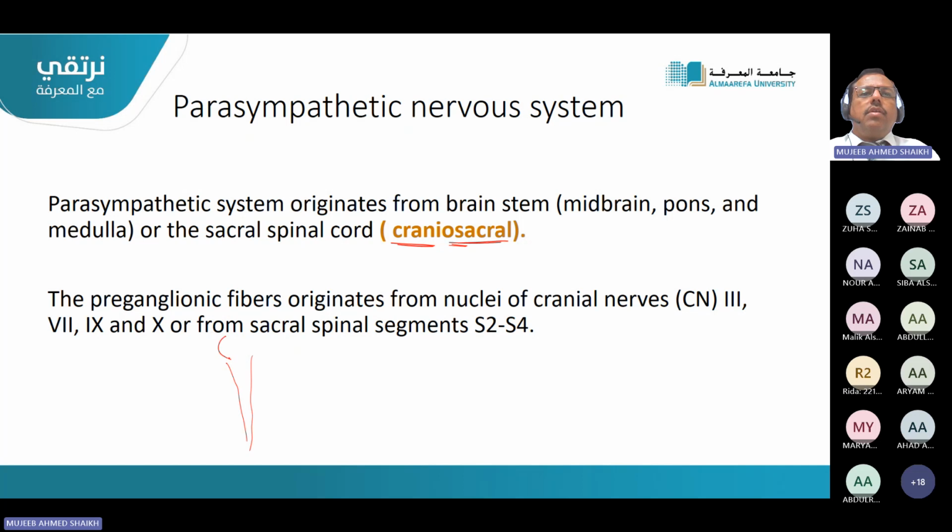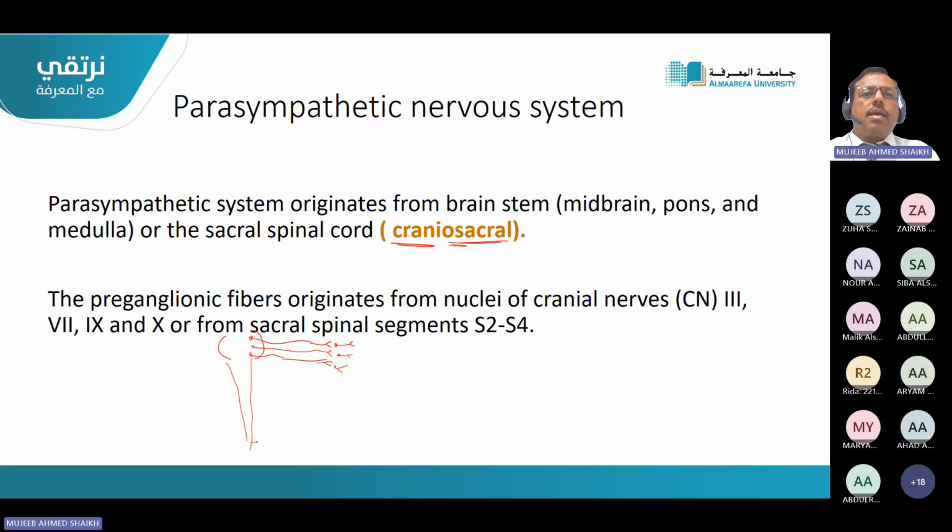Here I will draw it as a brainstem. From the brainstem, some nuclei are there for the cranial nerves. These are long. And the postganglionic fibers are short.